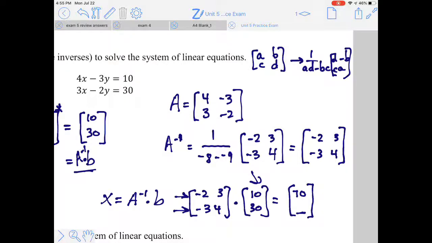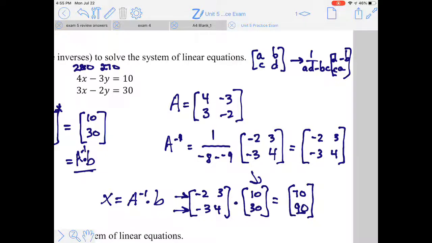Is that the answer? Well, let's check it. So 4 times 70 is 280, and 3 times 90 is 270. So 280 minus 270 is 10.